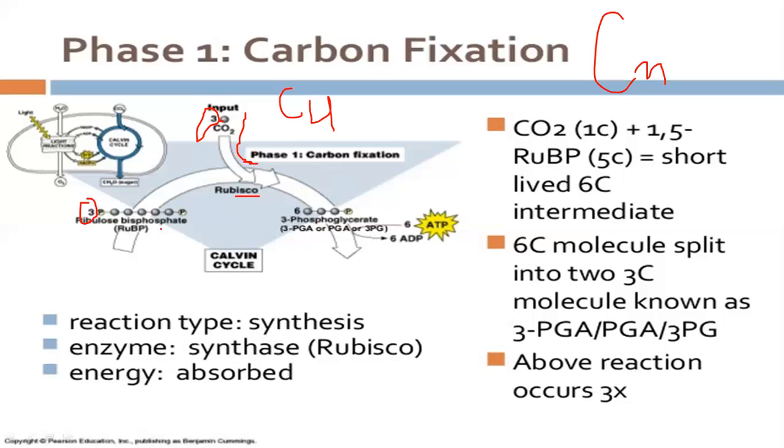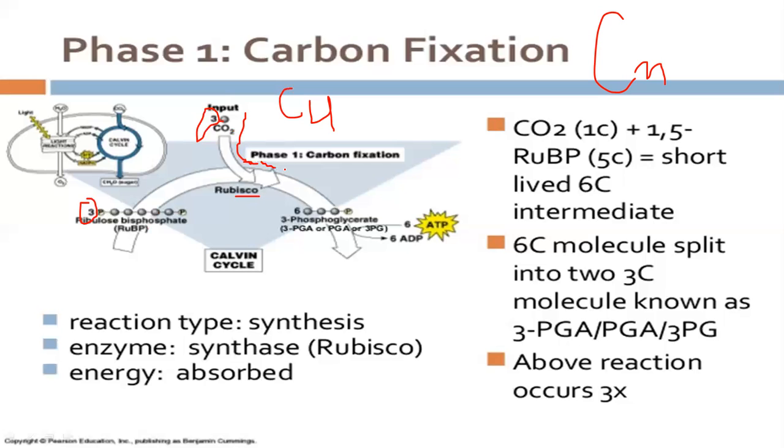So that is ribulose bisphosphate, in the presence of ribulose bisphosphate carboxylase oxygenase. In the presence of this enzyme, RuBP accepts carbon dioxide. 3 molecules of RuBP accept 3 molecules of carbon dioxide entering the Calvin cycle.